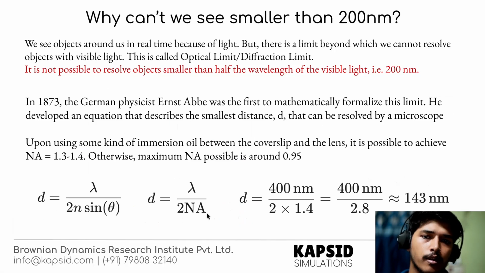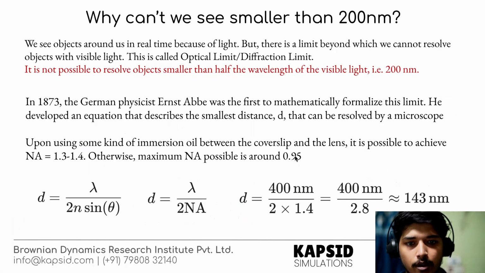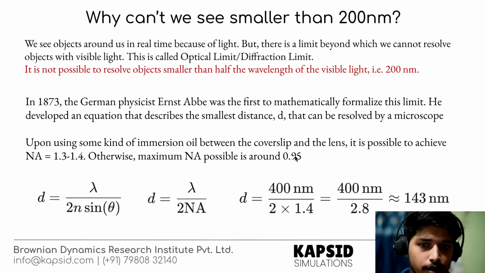But what we are trying to find here is, let's say we have a dry microscope, then the maximum possible value of NA is 0.95. 1 is the ideal condition. If NA is equal to 1, it's like the ideal state.